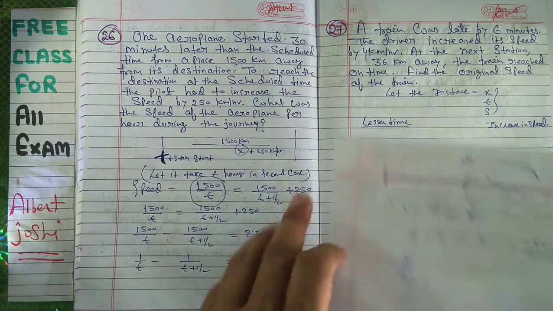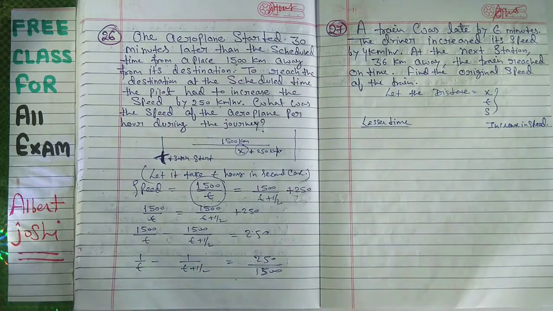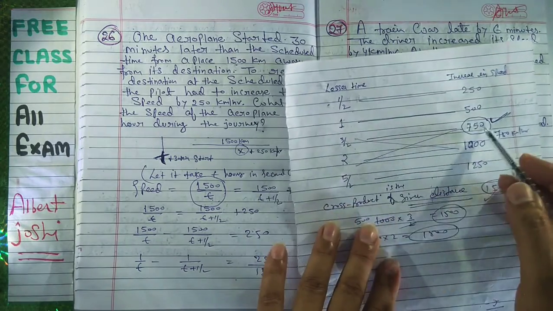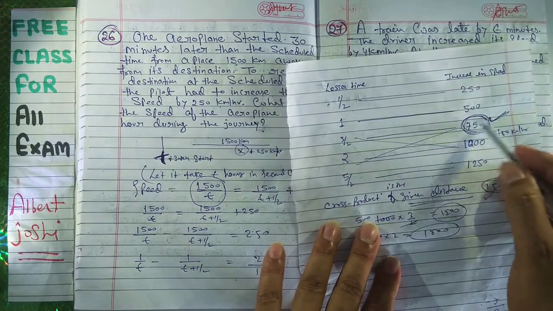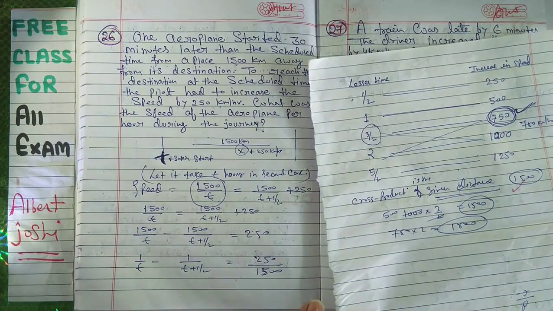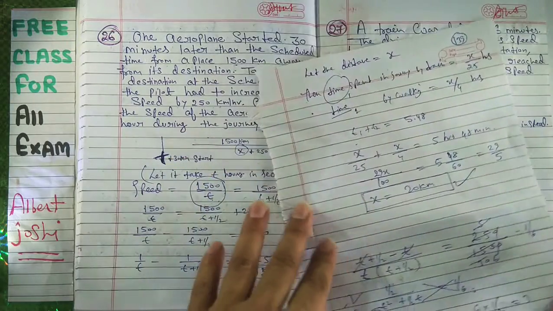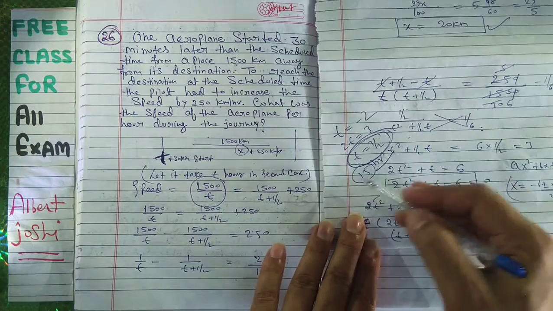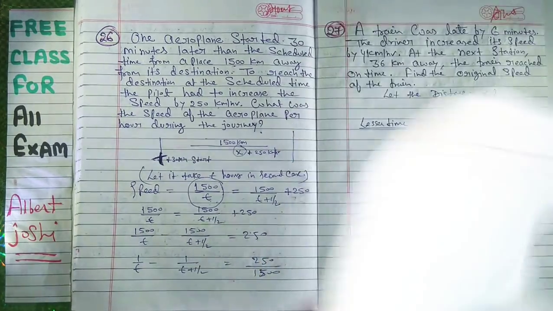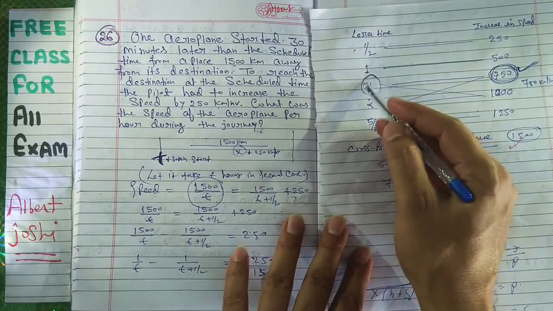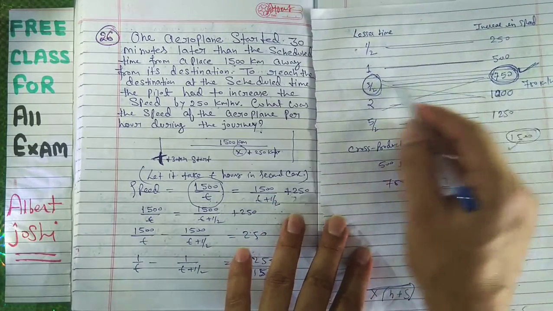Here the speed will be 750. Whenever you get the upper value, that will be your answer. And your total time, I think, is also 3 upon 2. Somewhere I calculated it, I forget where. Yes, t is equal to 3 upon 2. Your time is 3 upon 2 and your upper value will be the answer.